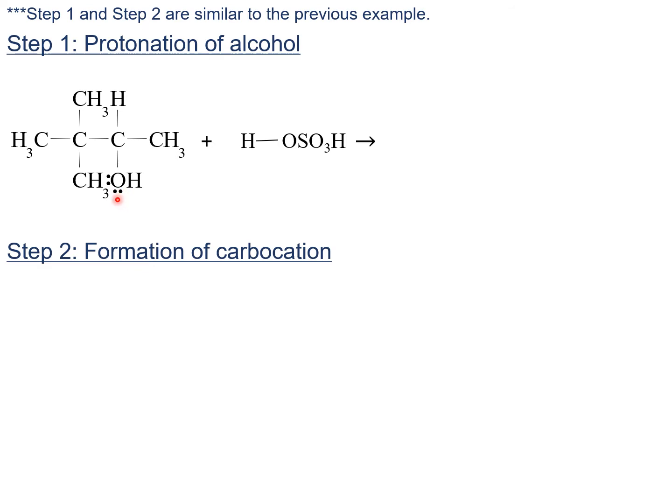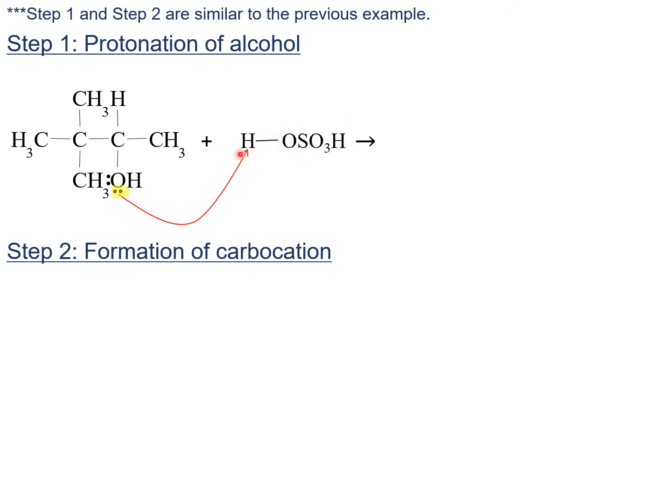Okay, why? Because when you draw the arrow from this oxygen grabbing this hydrogen, it has to start from the source of electrons. So that's why you need to show the lone pair. Okay, so the lone pair must be shown. Then it will attack this hydrogen, and this hydrogen has to separate from the rest of the acid catalyst.